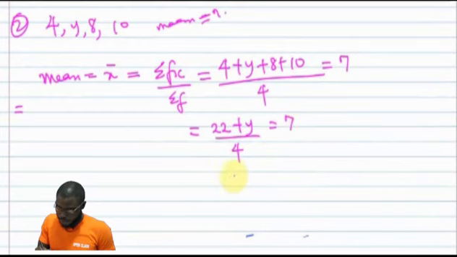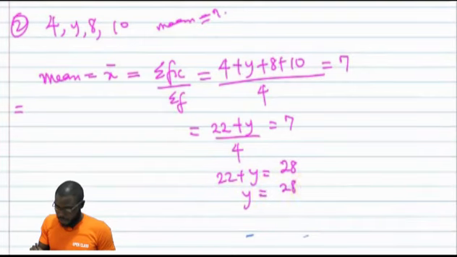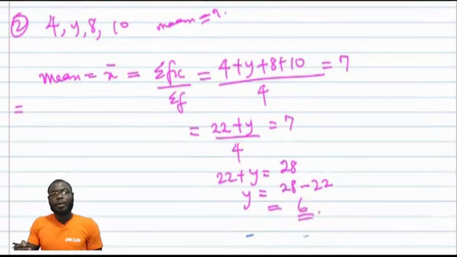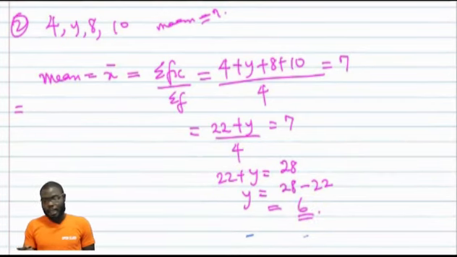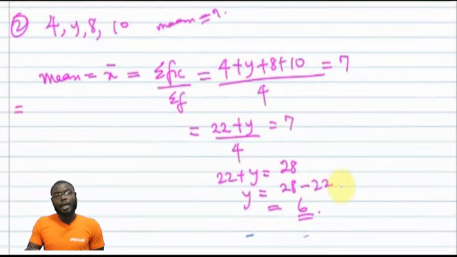So you have 22 plus y equal to 4 times 7, which is 28. So y is equal to 28 minus 22. So y equals 6. Now, if you look at the options, option A says 6, B says 10, C says 7, and D says 9. So your answer is A.